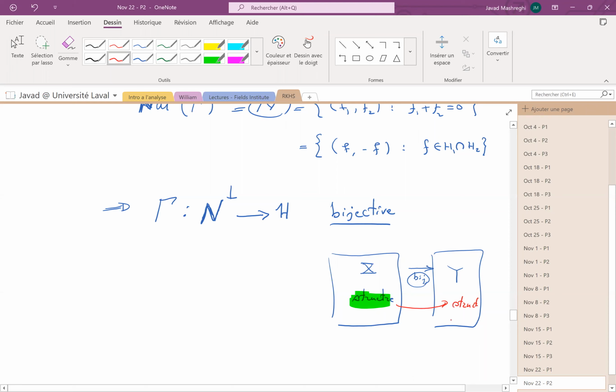In other words, for example, if the structure is an inner product, what is the inner product of two elements here? Bijective, you go back to the first space by your map, and you obtain two elements there.